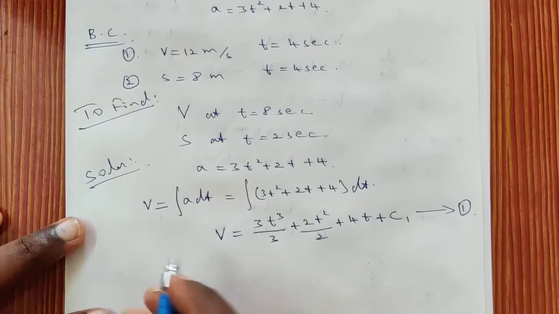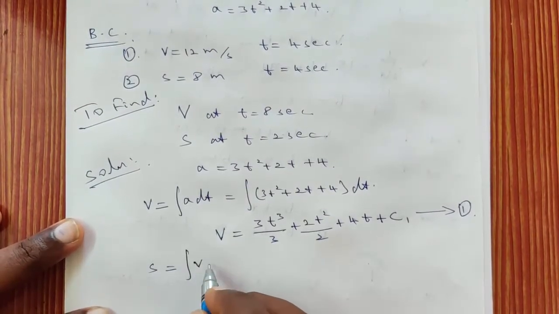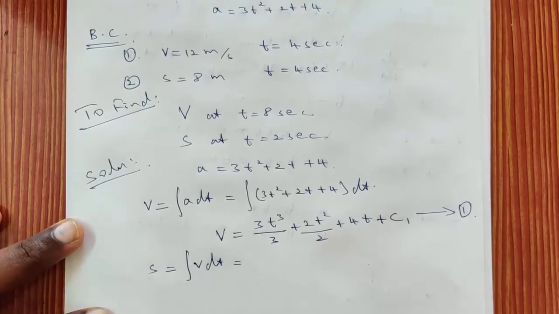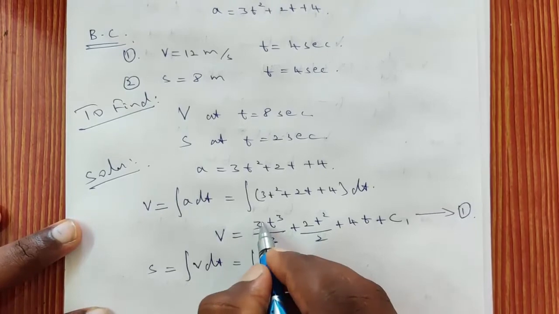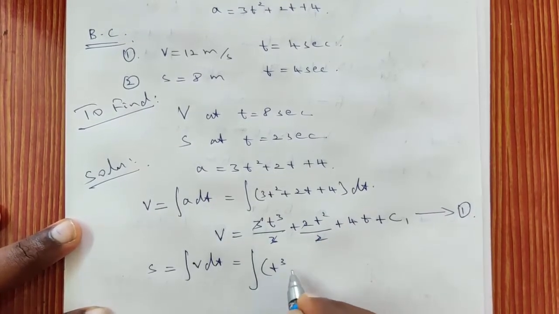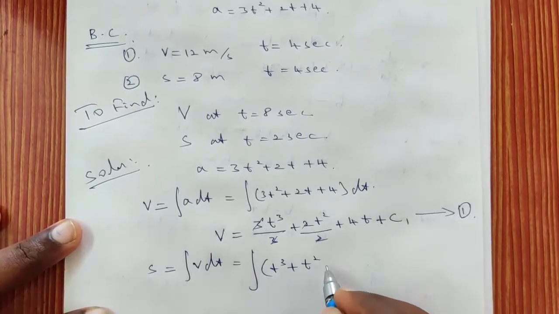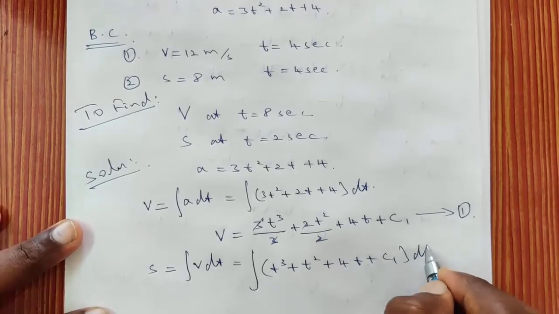Then further the displacement s is equal to integral of v dt. So that is equal to integral of the velocity equation. So we can cancel 3 and 2, that is integral of t cube plus t square plus 4t plus c1 into dt.